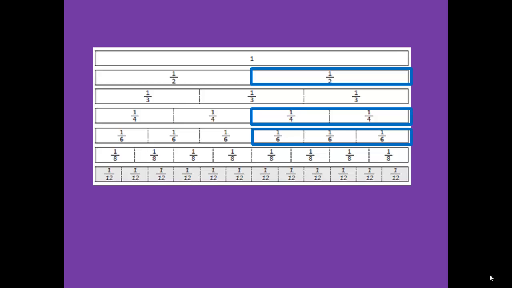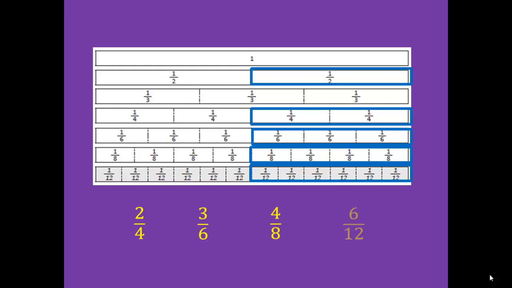And yep, you've got it now. 4/8 are also equivalent to 1/2, and 6/12 are equivalent to 1/2. So if we want to say what fractions are equivalent to 1/2, we can say that 2/4 are, 3/6, 4/8, and 6/12.